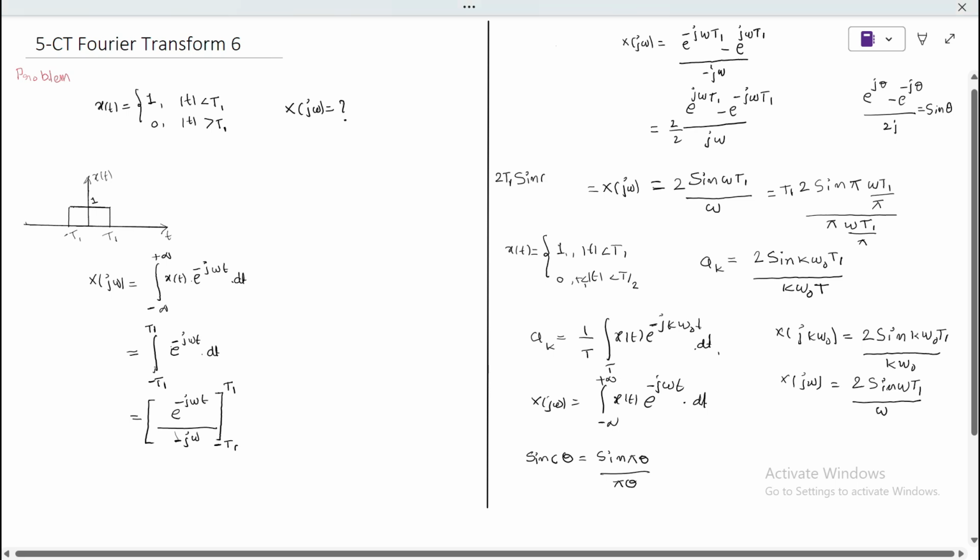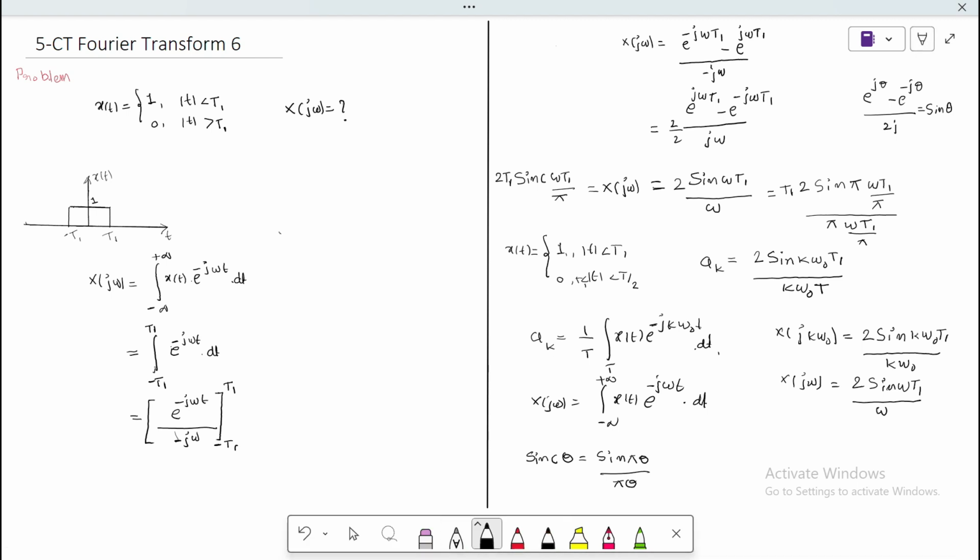Sinc function, sinc theta, equal to omega t1 by pi. So I'm going to draw that sinc function.